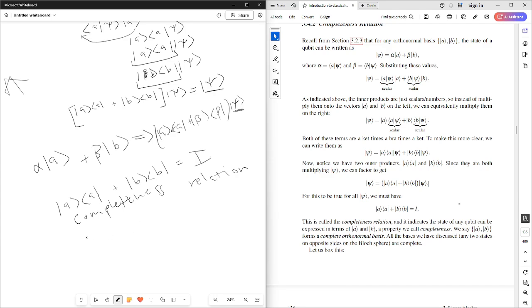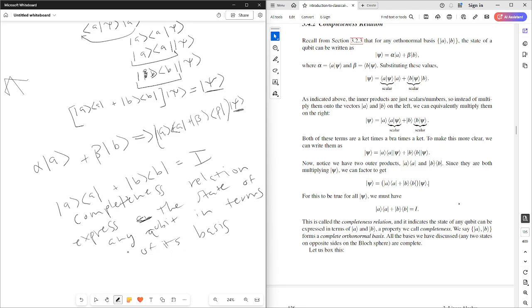So basically, it means that we can express any qubit, or express the state of any qubit in terms of its basis. Which, again, we've discussed a lot of different bases, right?